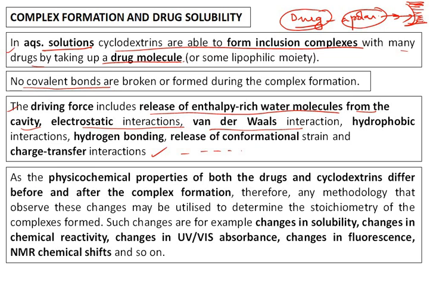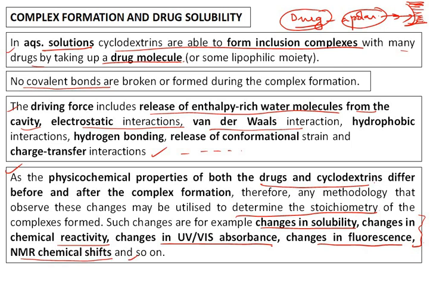And how do we determine the kind of interaction between the cyclodextrin and the drug? We can do that by using certain techniques. For example, the stoichiometry can be determined if there is a change in solubility, a change in chemical reactivity of either the host molecule or the guest molecule, or changes in the UV visible absorbance, in the fluorescence, or in the NMR chemical shift, and so on.